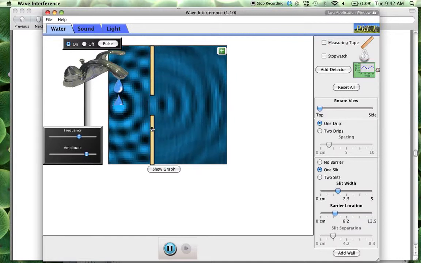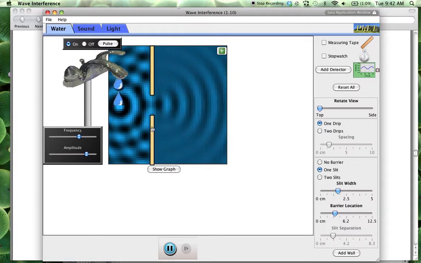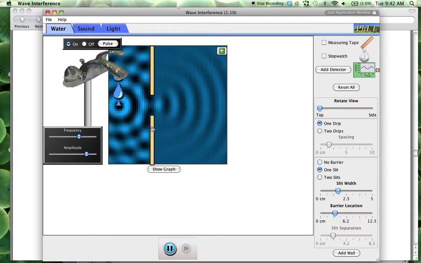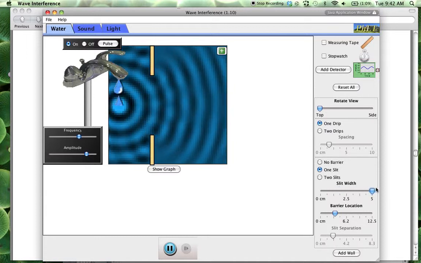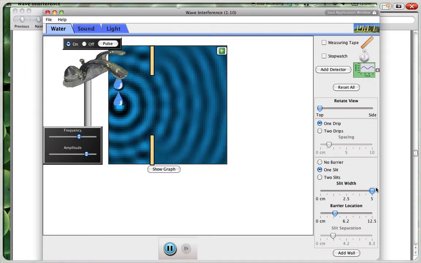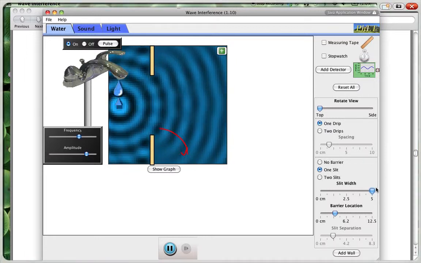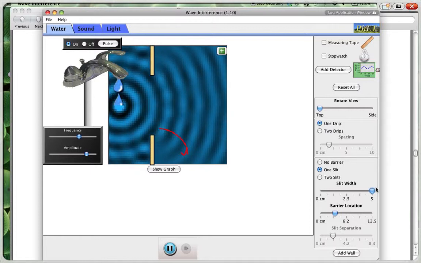If I make this slit width quite wide, you're getting a bending around the barrier that's taking place. This is this idea of diffraction.